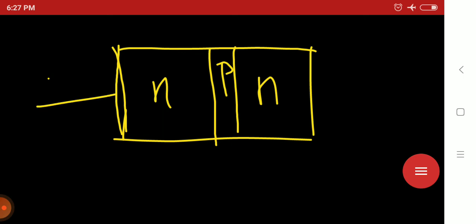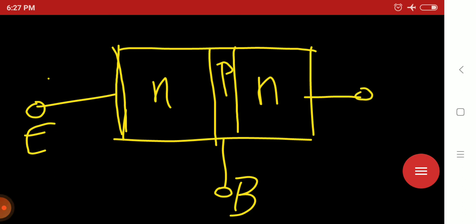Here there will be a part E, that is emitter. Here a part B, that is base, and here a part C, that is collector. So this is N, and this is P. That means a P-type semiconductor is sandwiched between two N-type semiconductors.